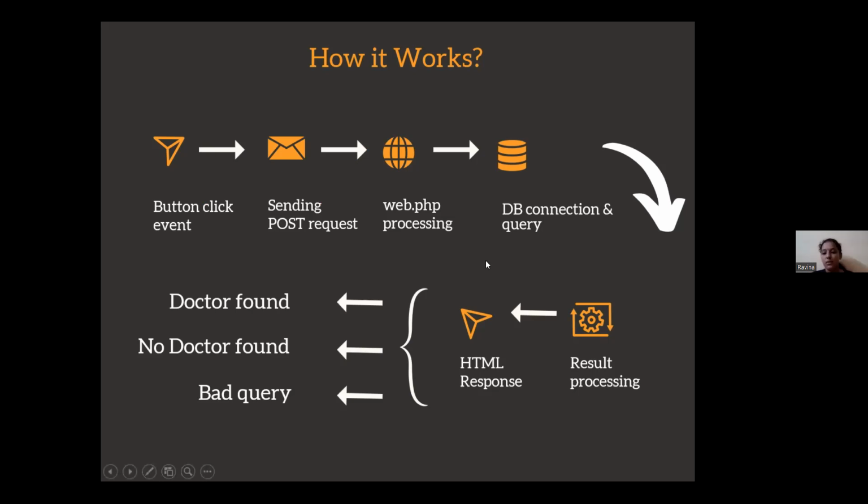That query will check whether there are matching values, then fetch the data. Once the data is fetched, the result is processed and displayed as records in the required format in our HTML response. That makes our page dynamic. In our case, I have 3 outputs, that is doctor found, no doctors, and bad query. So this is the simple visualization of how it works.